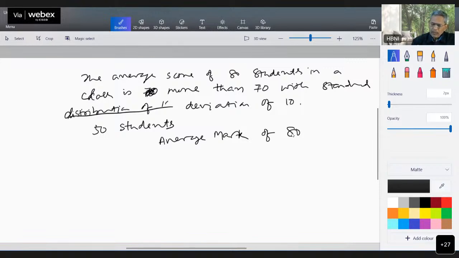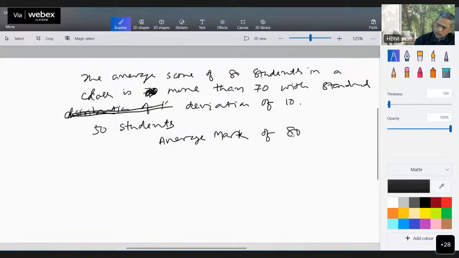Because in this problem, what we say is that the average score of 80 students in a class is more than 70, with a standard deviation of 10. So to study whether this is correct or not, you want to verify. So you took a sample of 50 students out of 80, and you got an average of 80 marks.